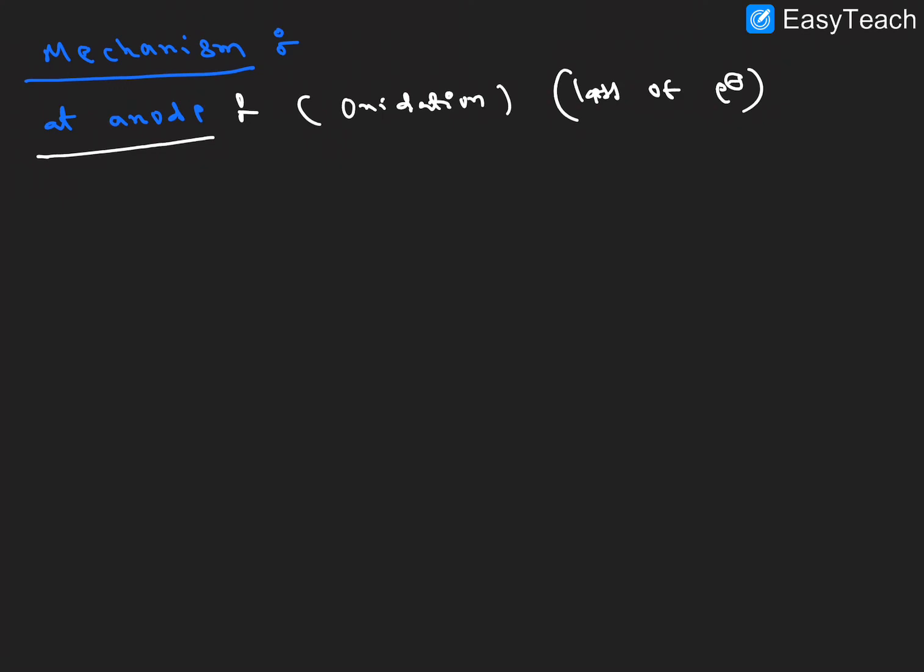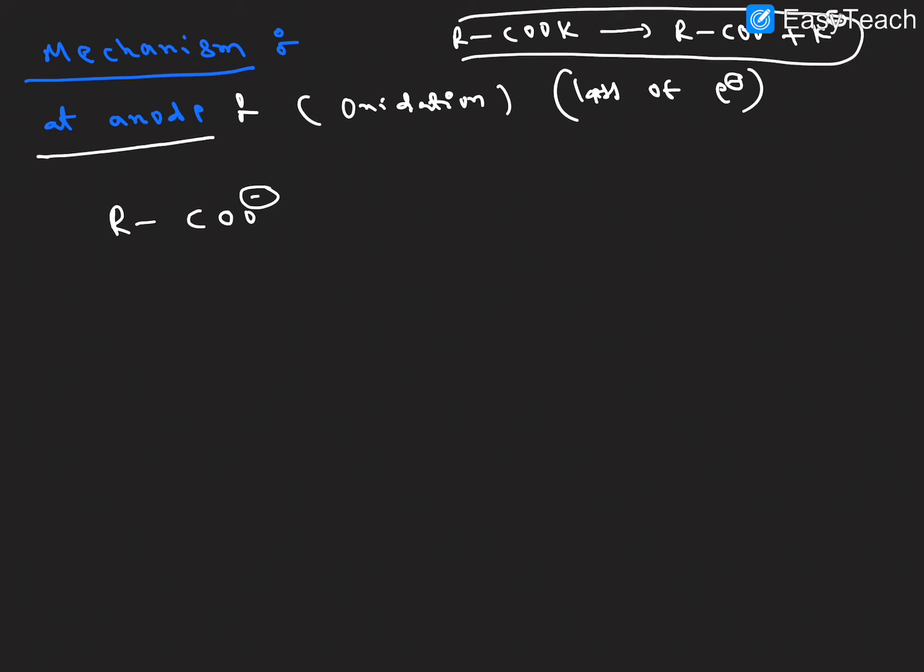Right? Next, the salt is there. Whenever the carboxylic salt is dissolved in water, ionization takes place. For example, I am taking RC double bond O, and generally I am writing RCOOK. This is ionization, like COO minus and K plus, ionization taking place, right?